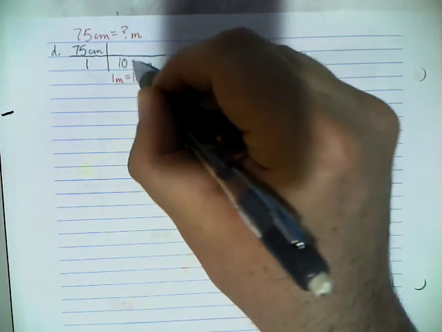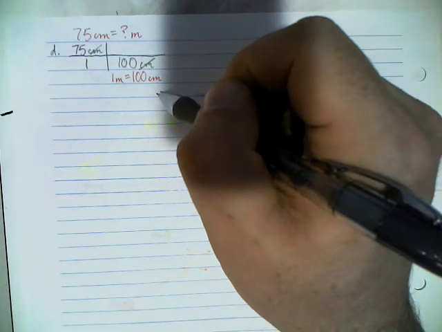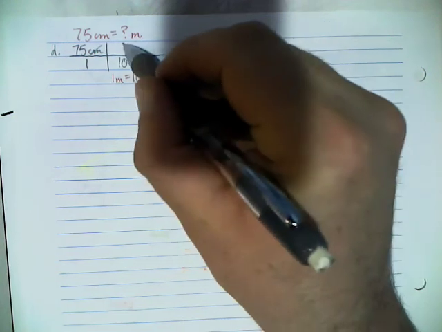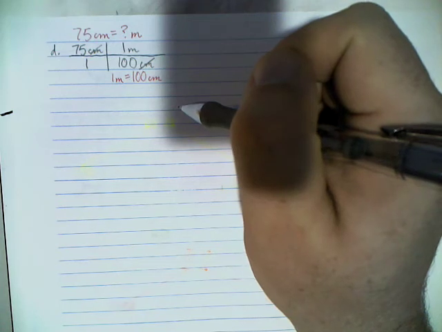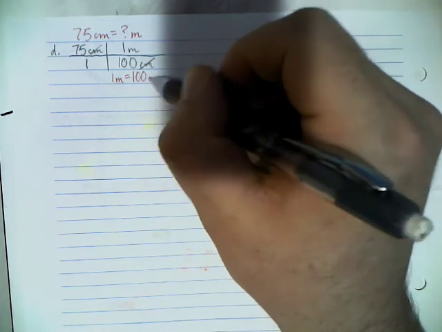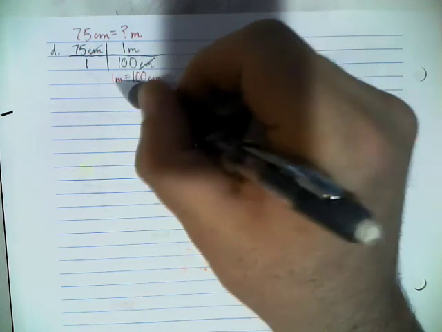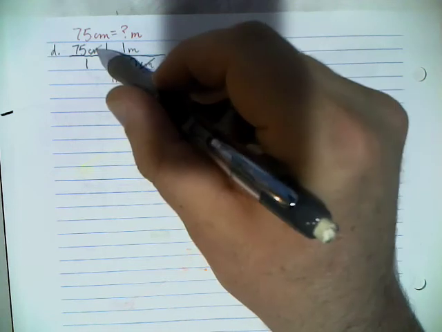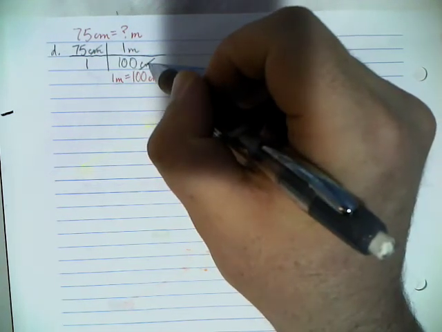So I want to put the 100 centimeters down here so that centimeters and centimeters will cancel, which means that my 1 meter has to go on top. Just to notice what's going on here, 1 meter equals 100 centimeters, and I've got 1 meter, I've got 100 centimeters, just like it said here. But then we have centimeters on top and centimeters on bottom, so that they'll cancel.